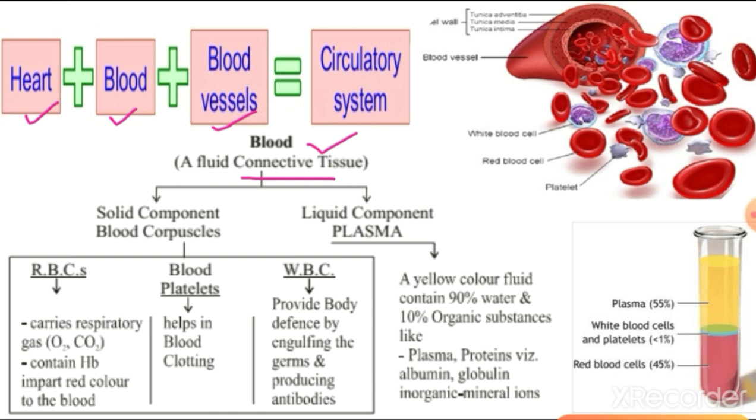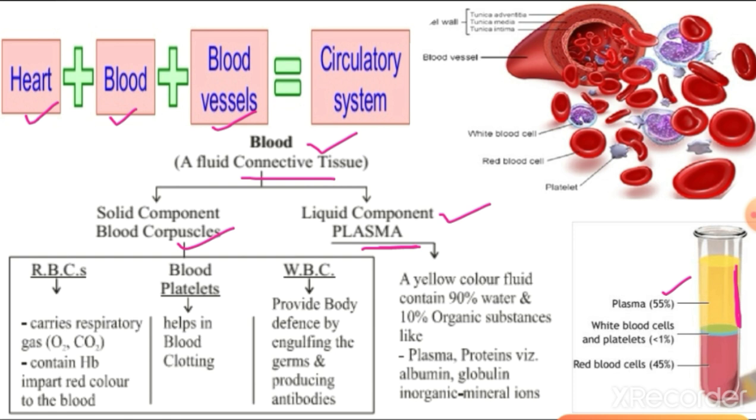Our blood has a solid component and a liquid component. The liquid component is known as plasma. Here we can see the components: plasma is the maximum, making up 55% of our blood. Plasma is yellowish in color, but our blood appears to be red.